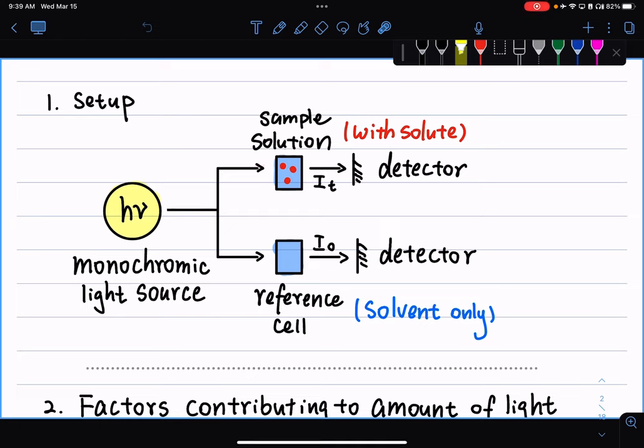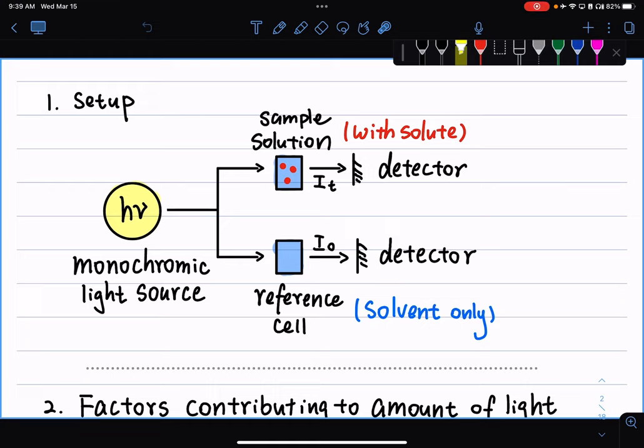On the top, you have the sample solution with your molecule of interest, going to your detector. At the same time, you also have a reference cell with only the solvent. By taking the difference of those two absorption spectra, we can get the effect of the sample only.